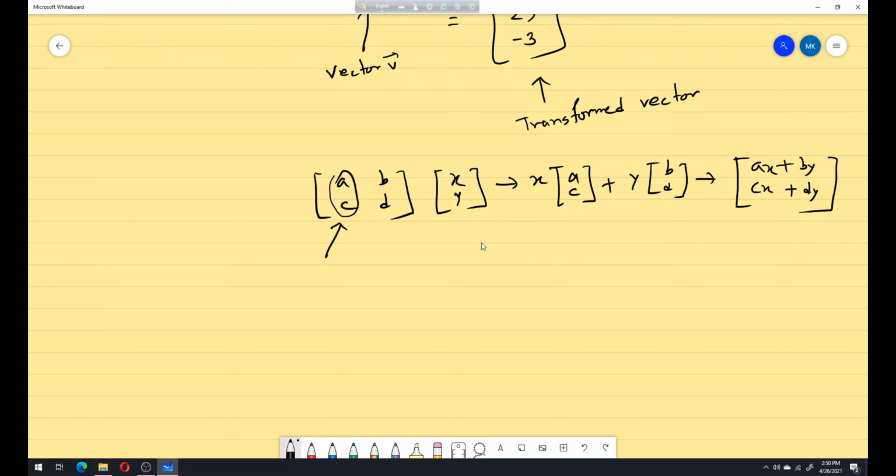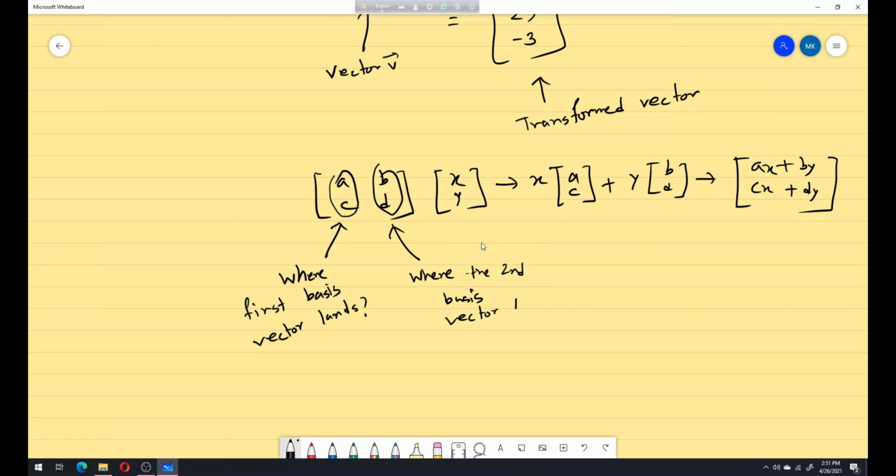The first column specifies where the first basis vector lands, and the second column specifies where the second basis vector lands, right?